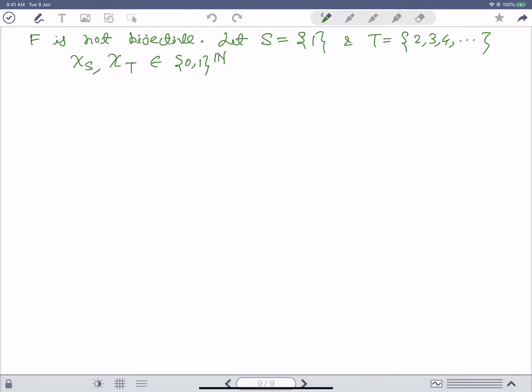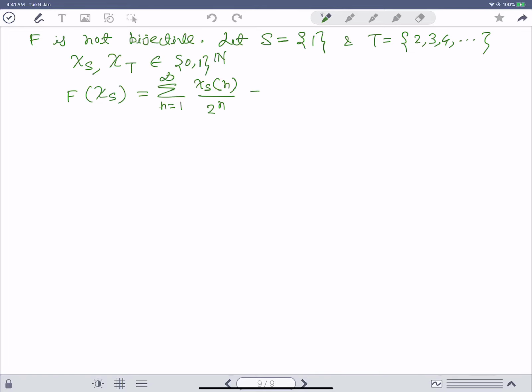Now if we take f of chi of S, that will be the summation n equal to 1 to infinity of chi of S(n) by 2 to the power n, right?